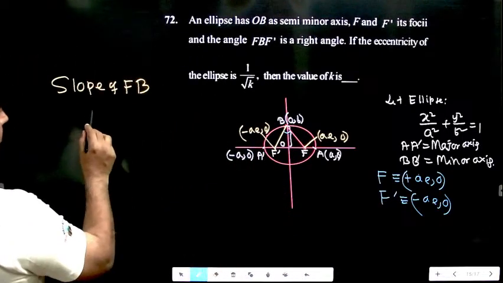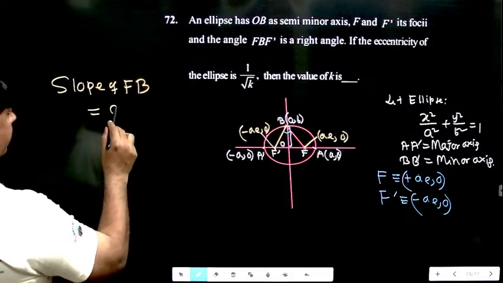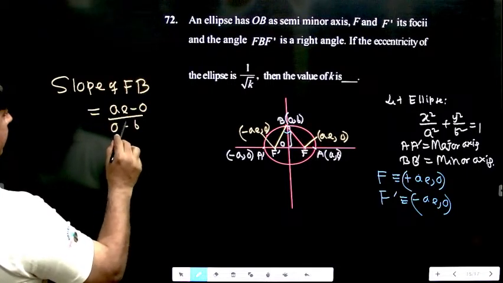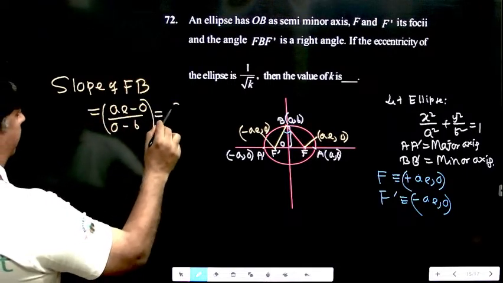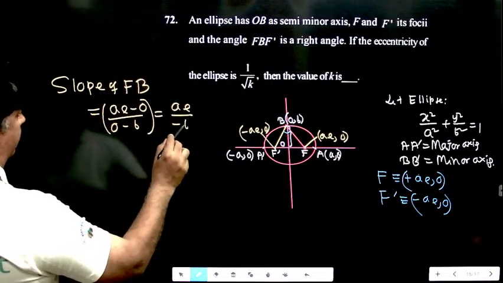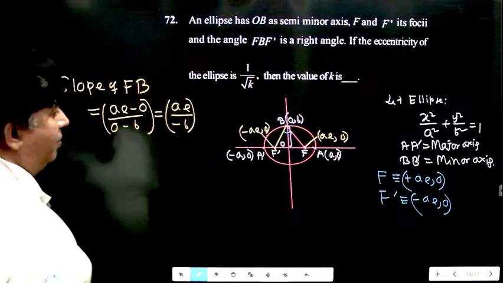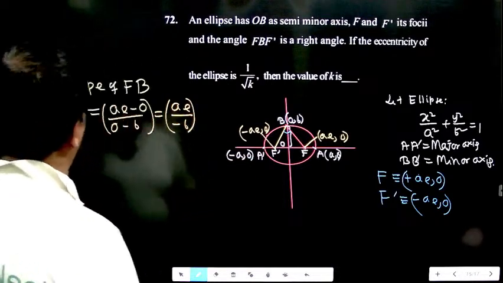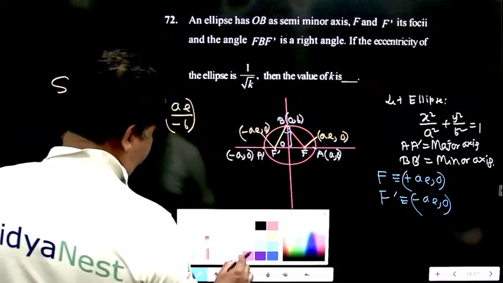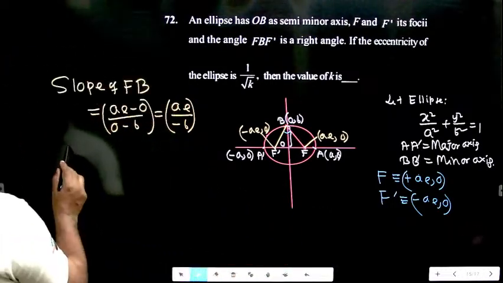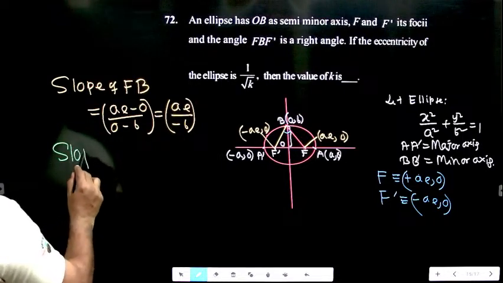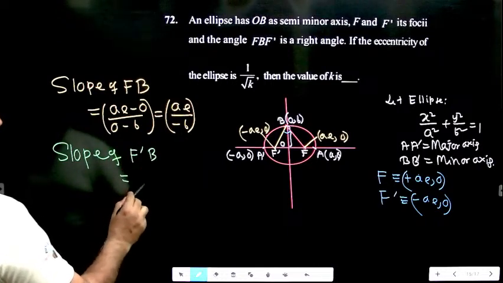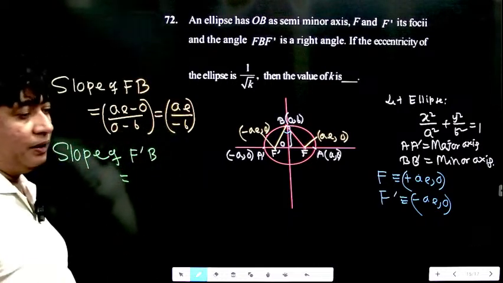The slope of FB is a by minus b, and the slope of F dash B. What is the slope of F dash B?